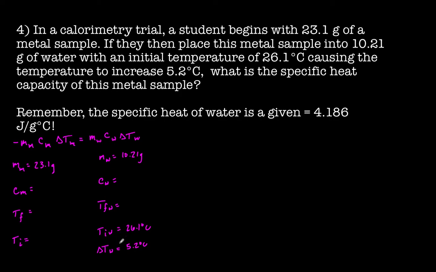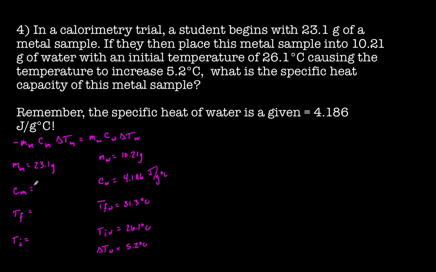Meaning, if I think about it, my initial is 26.1. I am going to increase by 5.2 degrees Celsius, meaning that my temperature final of water is 31.3 degrees Celsius. Then, the only other given that they give us is, again, our specific heat capacity of water. It's 4.186 joules per gram degrees Celsius.